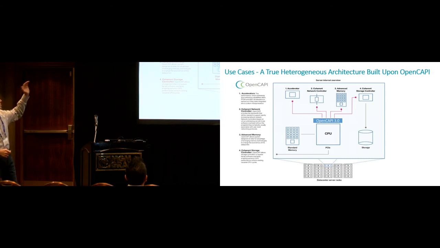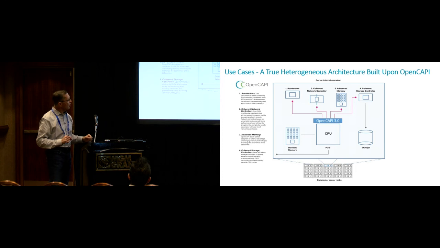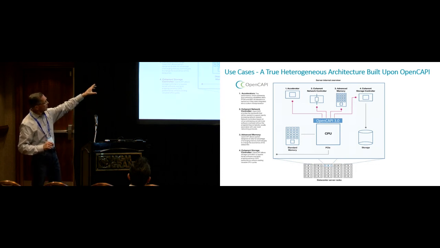So anything from accelerators, coherent network controllers, or your advanced storage class memory stuff, your network controllers, it's got all of this. But the interesting thing is, we did it all on this peripheral. And we started talking about, well, how about the standard DRAM?